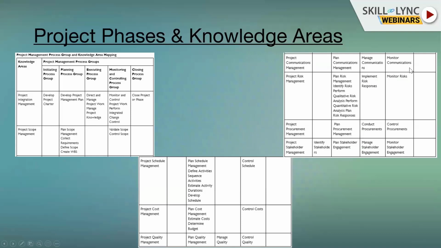So what you can understand from this is that a project involves everything. Project management is a continuous process, right from the initiation to the closing of the project. Hope it is making sense to everyone.